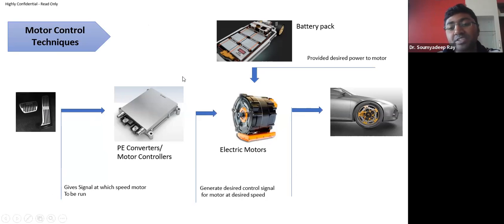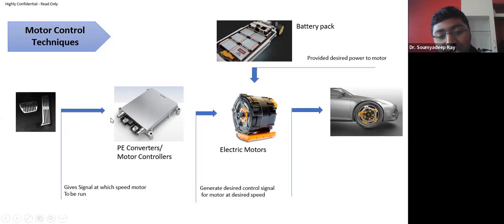Suppose I am the ECU, or the master controller. If I do the programming, how will I write it? If a person presses the accelerator pedal and the brake is not pressed, then I think the person wants acceleration.